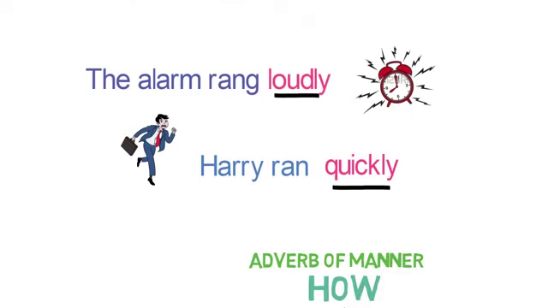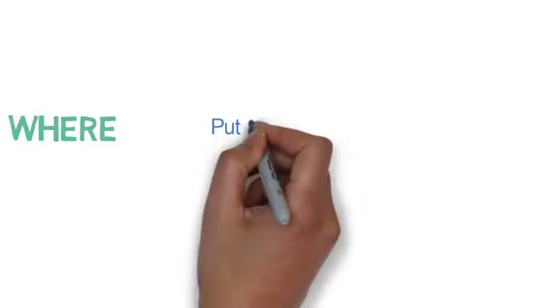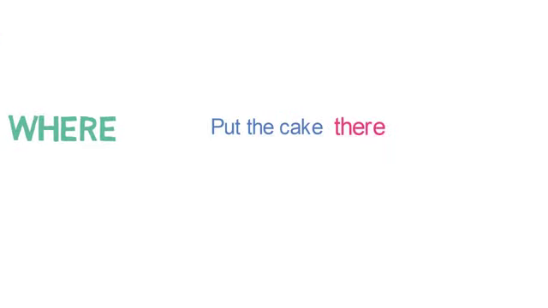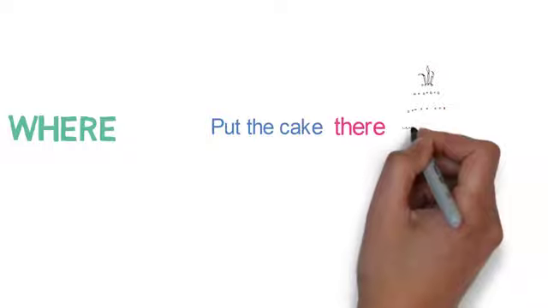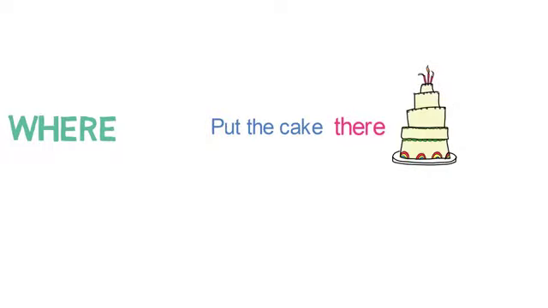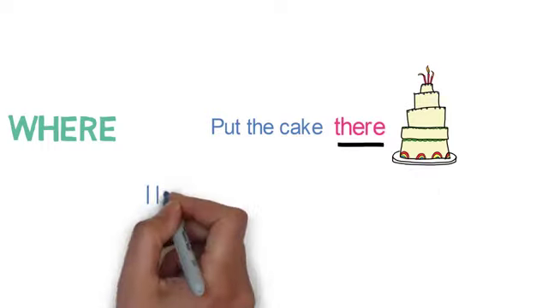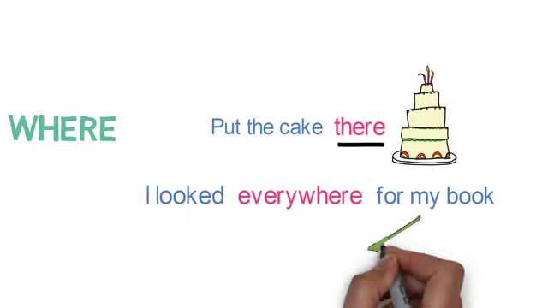Now let's look into the next way in which we can describe any action: where an action occurred. Put the cake there. Here we are told to put the cake, but at which place? By using there, we are telling the place to put the cake. So it is an adverb. I looked everywhere for my book.